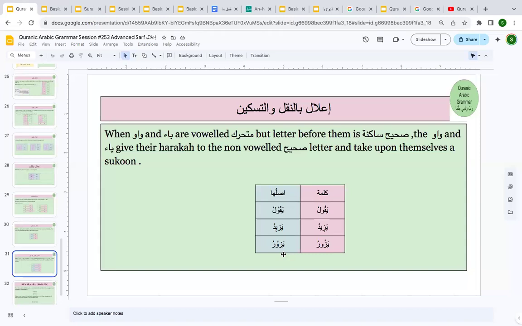Their heart just was soft at that time, and they said let's just move our dhamma to the letter before, and let's take upon ourselves a sakoon, and that is how we ended up with yakulu, yazidu, and yazuru. And you notice that it is for takhfif as well, right? Isn't it easy to pronounce these words as yakulu, yazidu, yazuru, instead of saying yakvulu, yazidu, yazwuru, right?